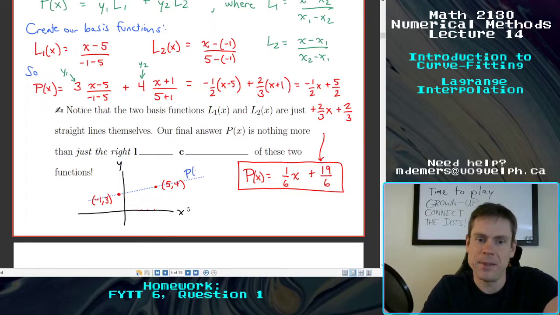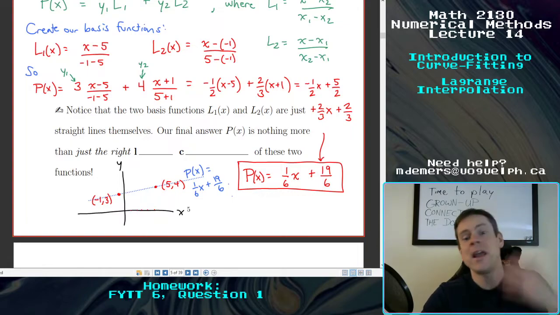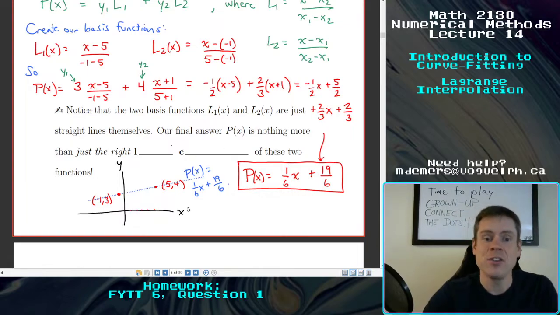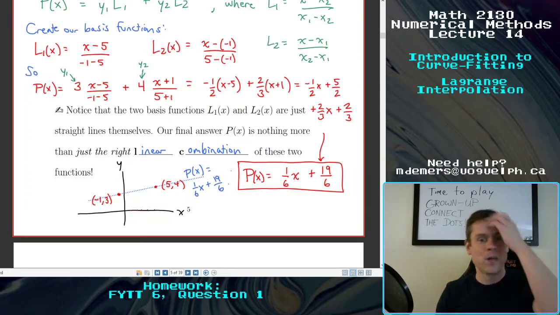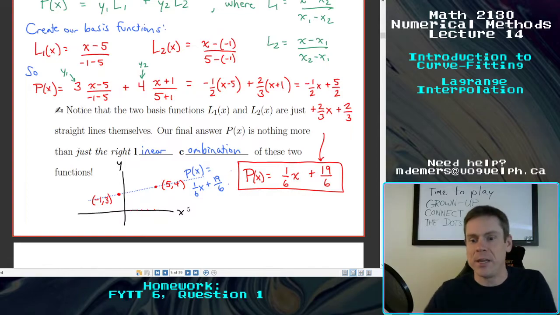This is the line P of x equals 1/6 x plus 19/6, and it looks like the unique straight line that goes through. And as I said before, our final answer is nothing more than just the right linear combination of those two basis functions. So they provide a really useful kind of building block to make the right polynomial.